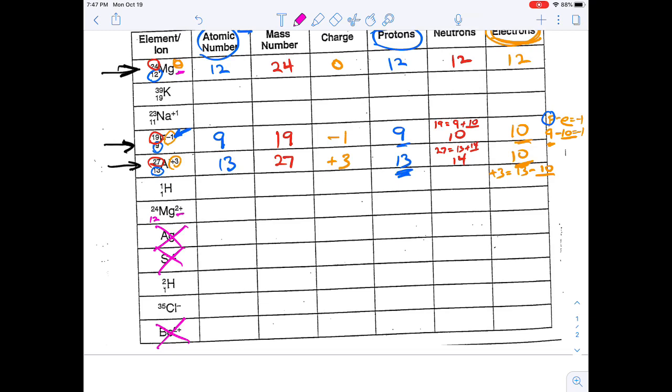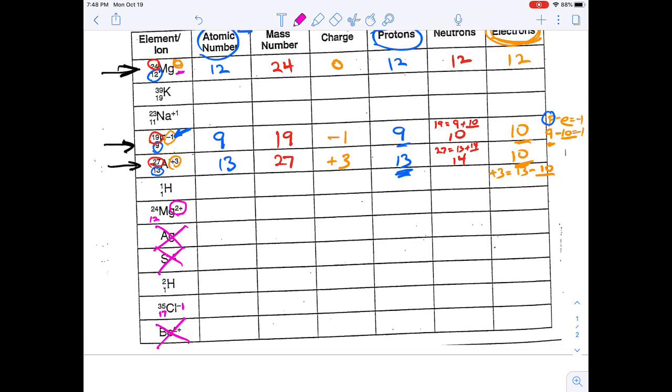Lastly, down here in chlorine, I'm going to say chlorine has an atomic number of 17. And then it just has a minus. And this minus is really a -1. If there's no number there, just a plus or a minus, it's 1. So -1. Oh, and one other thing, you'll notice here on this magnesium, it says 2+ rather than +2.